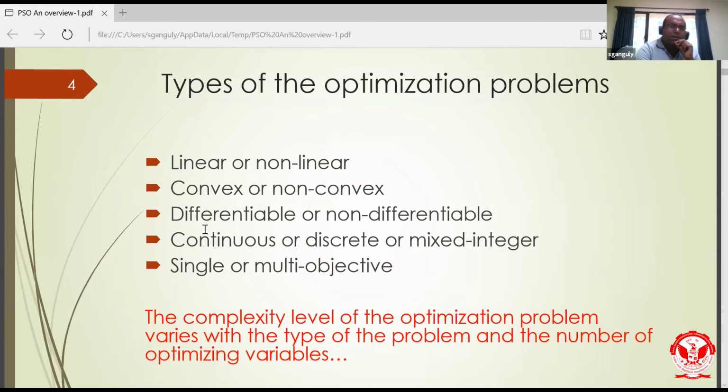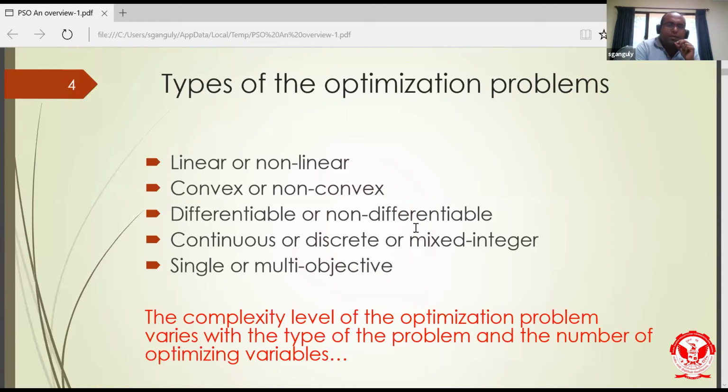Now based upon differentiability, we can also categorize optimization problems: some where your objective functions are differentiable, which means they are smooth, and some where you have non-differentiable objective functions, which means they are non-smooth, discrete.